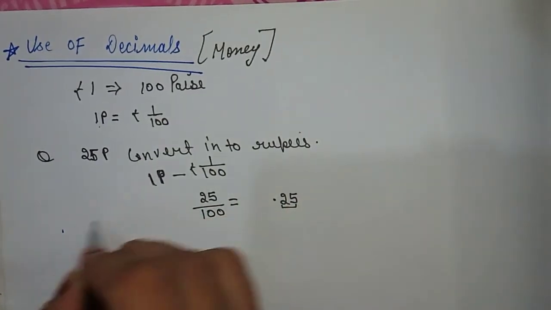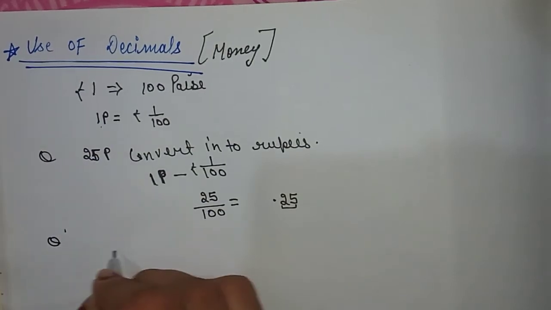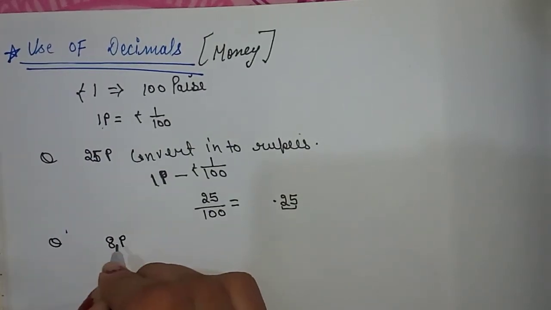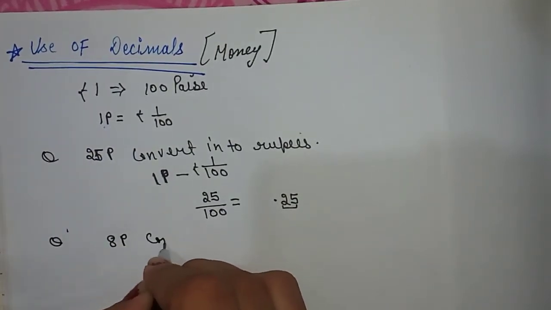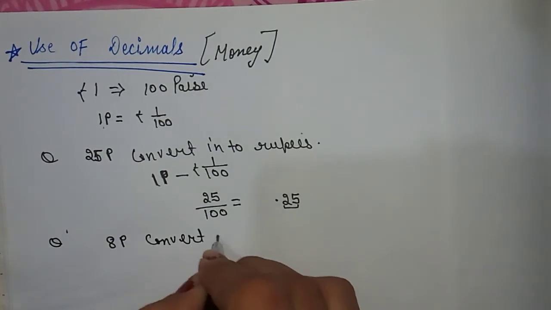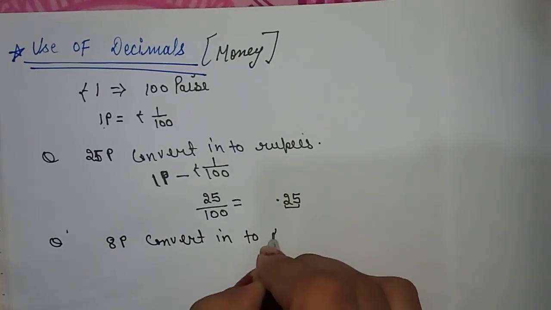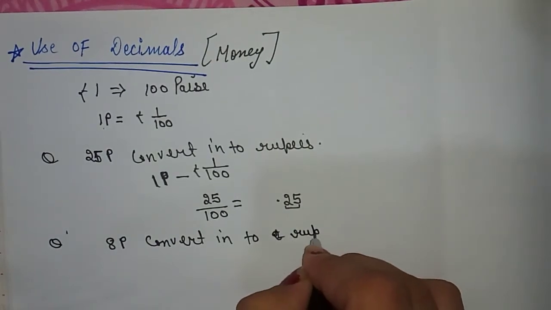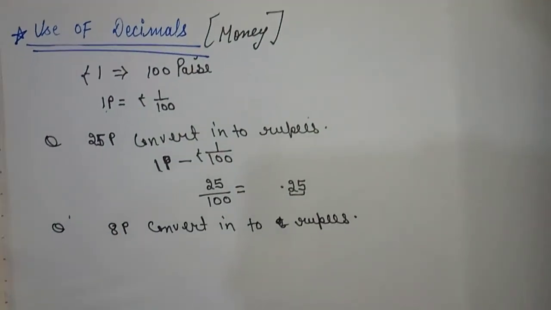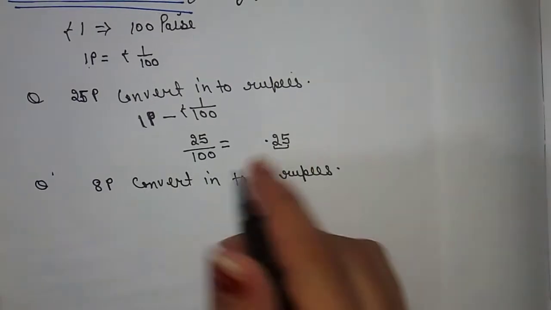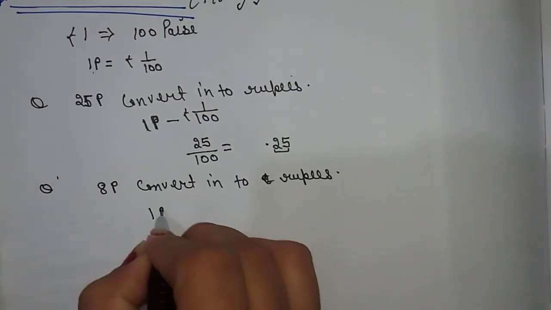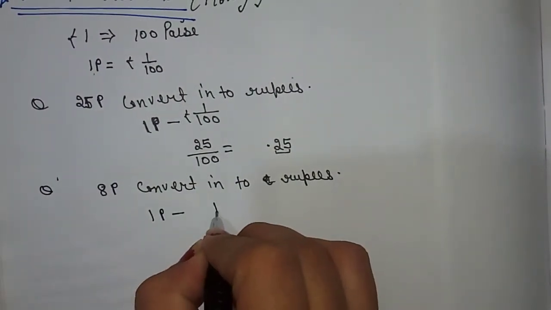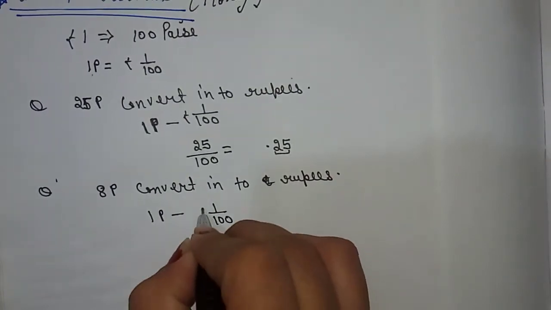If you are given 8 paise, convert 8 paise into rupees. So how can we convert it? We know that in 1 paisa there is 1 upon 100 rupee.